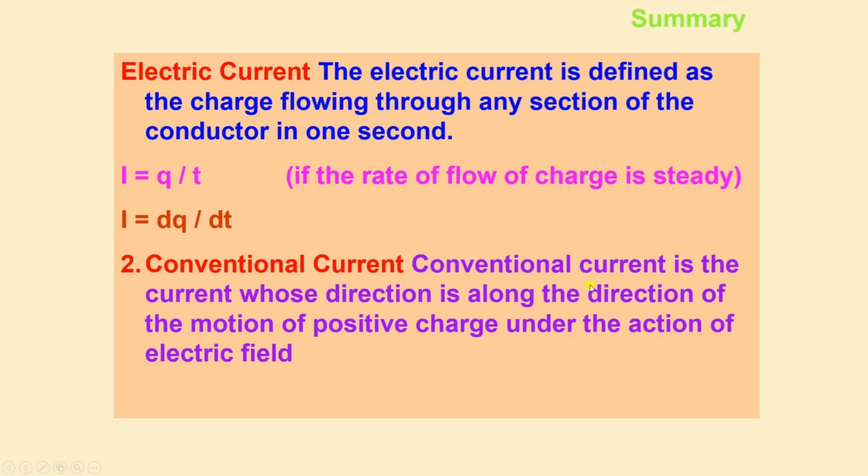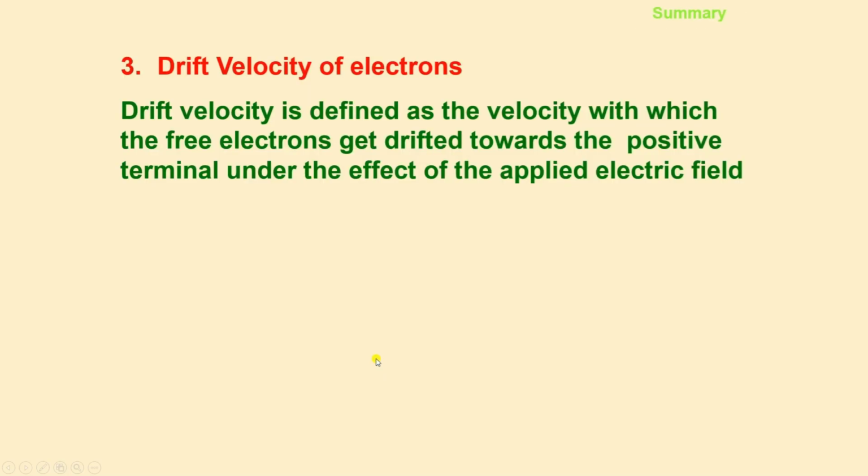Conventional current is a current whose direction is along the direction of motion of positive charge under the action of electric field.